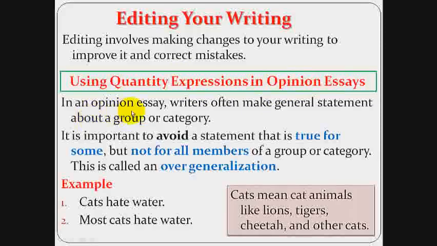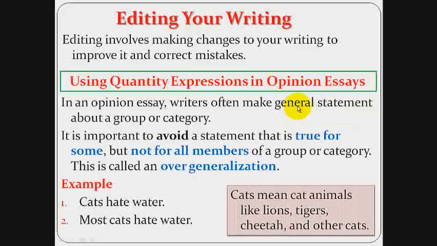In an opinion essay, writers often make general statements about a group or a category. When you are expressing your opinion about a topic, you make general statements. So the general statement sometimes may be completely correct, or sometimes it can be partly correct.